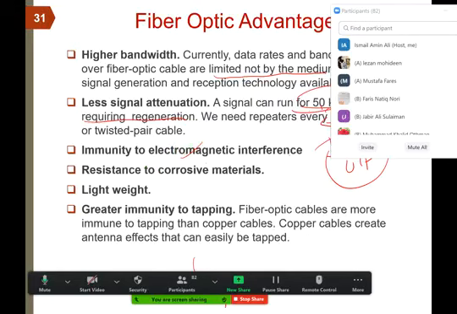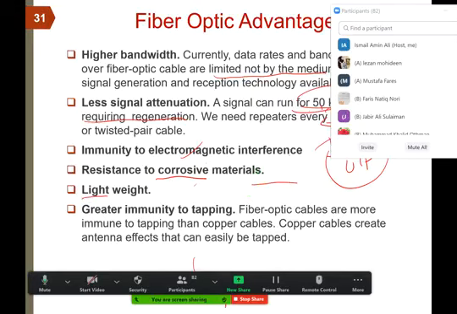And of course it's glass, so it can resist corrosion. It's not like copper or steel that will corrode with time, so it's very resistant to corrosion and can last for many years. And weight, because this fiber is very thin, in millimeters.